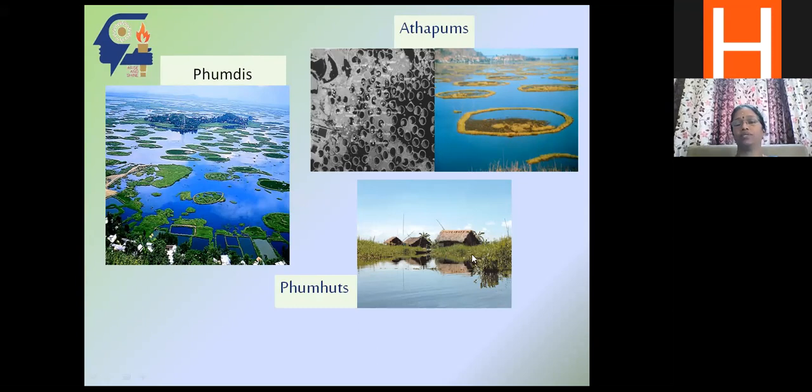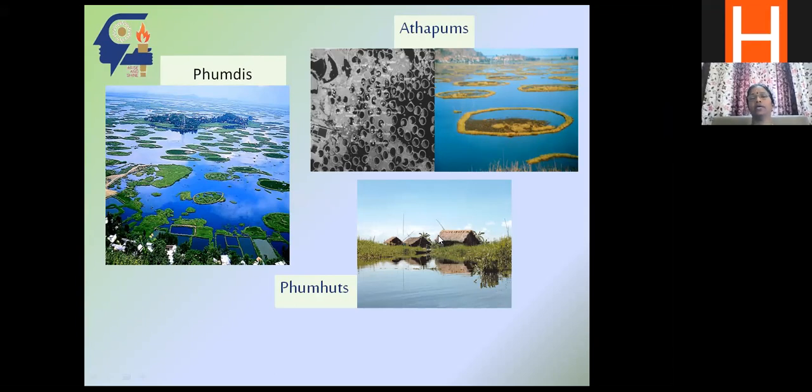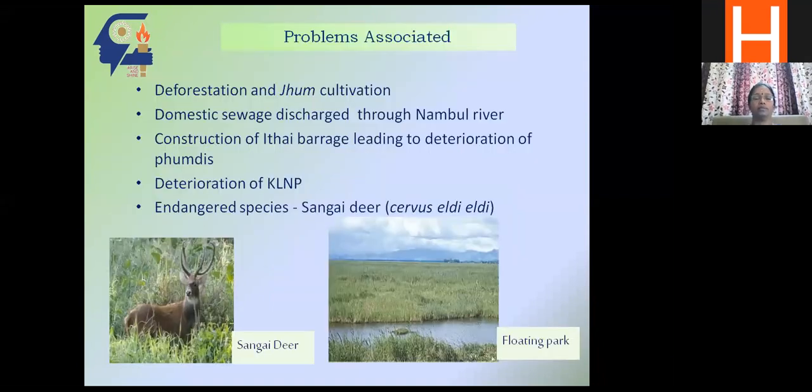In addition to that, they wanted to maintain easy transportation, so they started living on that floating mass itself. Around 1,000 huts were there on the floating mass. So it was something like a floating island. We went for an assessment.